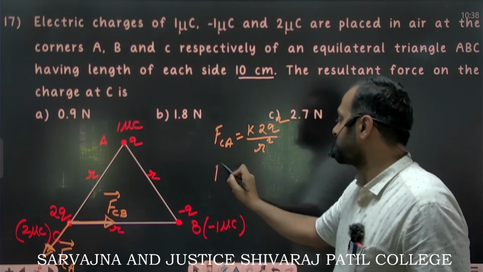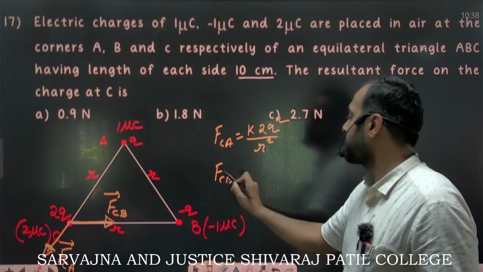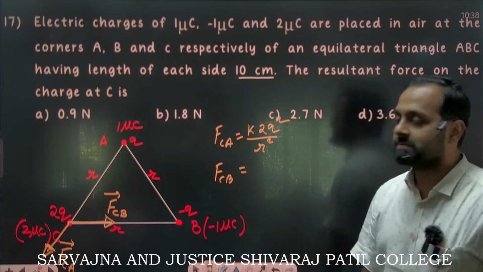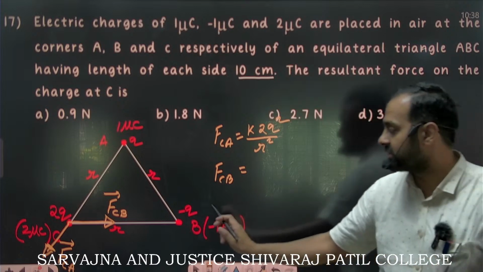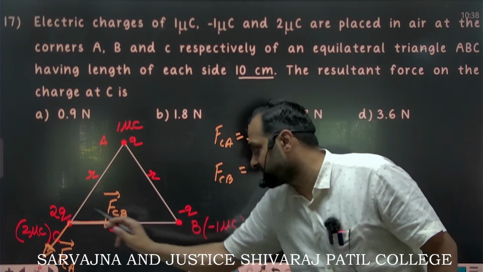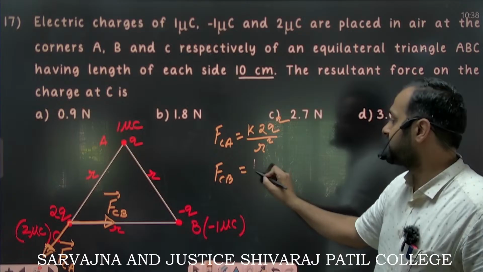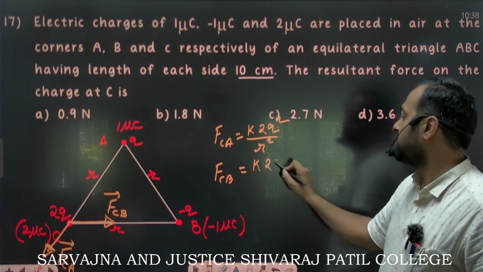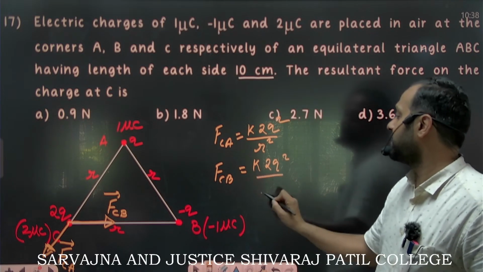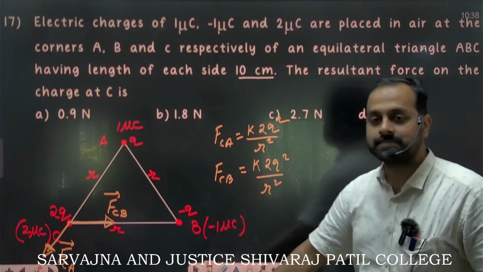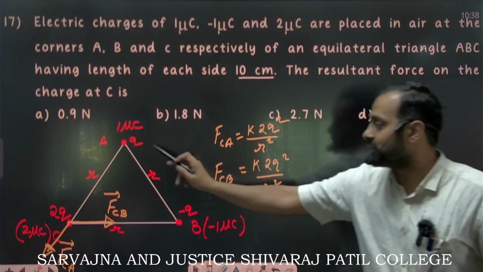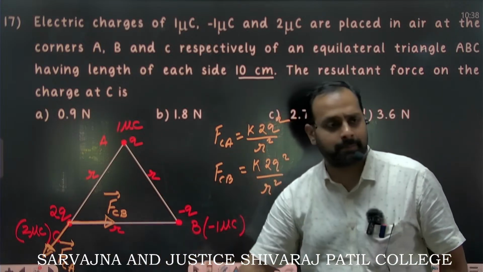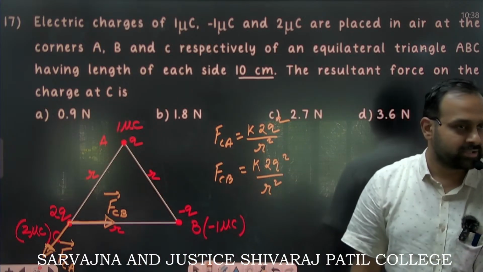Now what is the force between C and B? Magnitude. Between C and B magnitude, this is plus 2Q, this is minus Q. So K into 2Q square divided by R square. Same magnitude for both. Force between these two and force between these two is same. Yes or no? Magnitude wise. Yes.